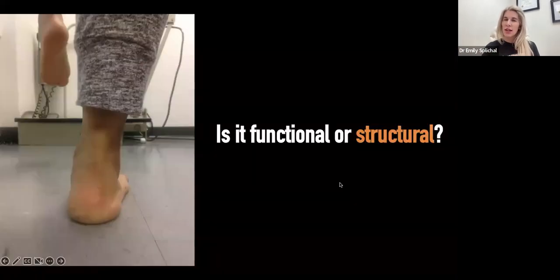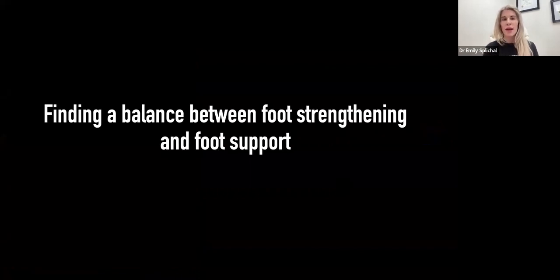So understanding that structural side for the child helps me explain to the parent why they need to be in the orthotic and the purpose of the orthotic for the child. Again, we still do our exercises, okay? So the most important thing is that we want to be able to find a balance between foot strengthening and foot support.